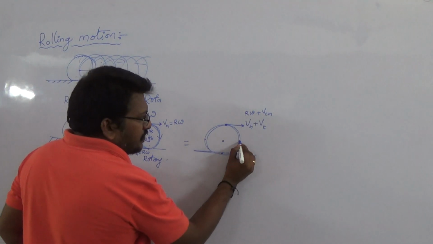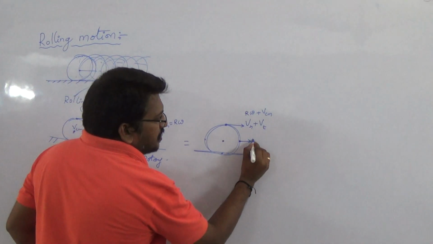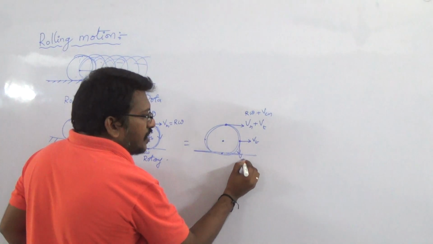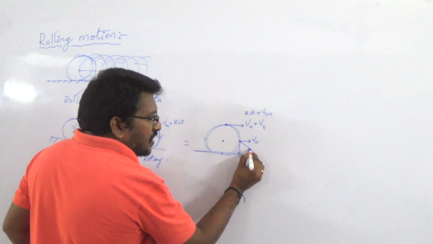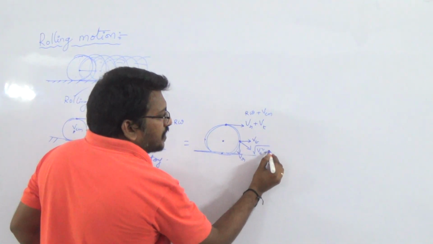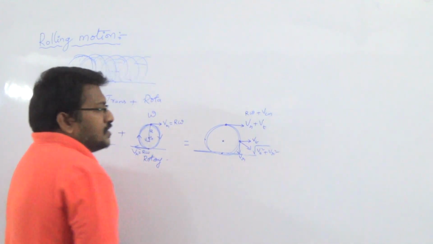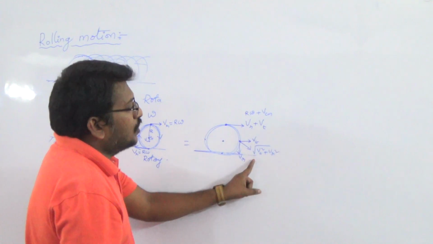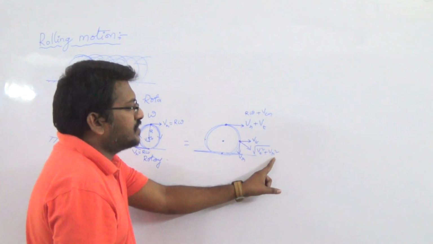At another position, the velocity due to translatory motion is Vt and due to rotatory motion is Vr, and the resultant velocity is equal to the square root of Vt squared plus Vr squared.